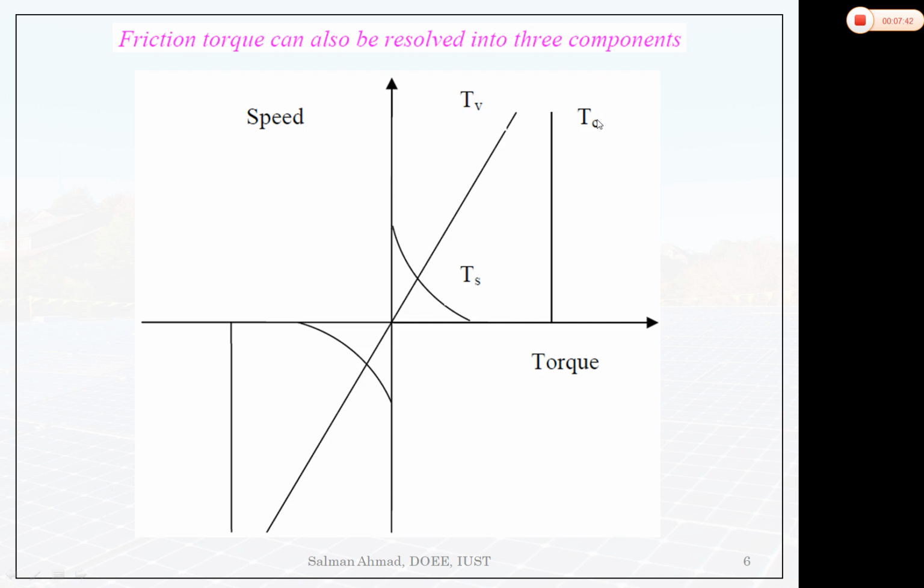Whereas Coulomb friction is independent of the speed and has some constant value. Viscous friction is proportional to the speed. At zero speed it is 0. As speed increases, the value of viscous friction increases. At higher speeds the viscous friction will dominate among all three friction torque components.